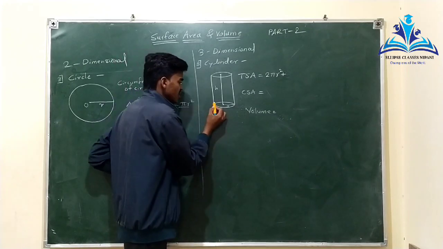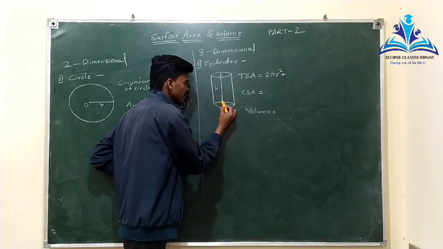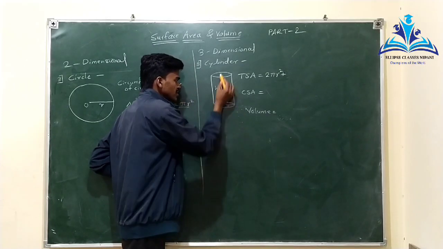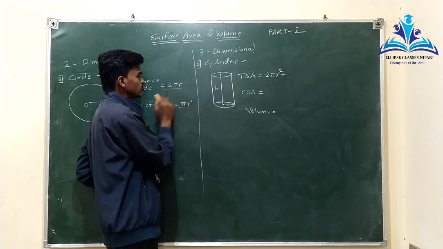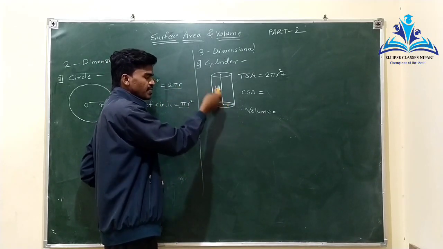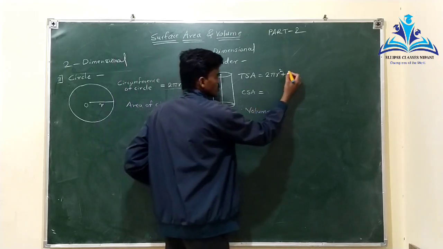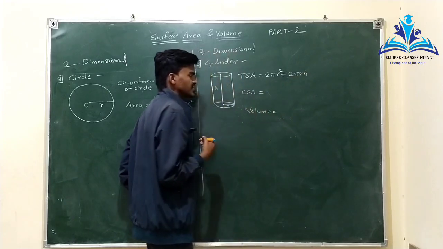For this I just took the circumference of the bottom circle and gave it some height. What is the circumference here? 2 pi r, and I have to give the height h, so it becomes the curve surface: 2 pi r h.